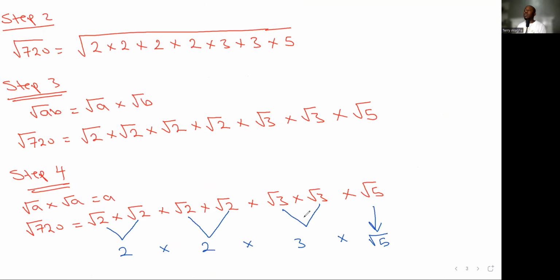So step 5, we have, if you go back, 2 times 2 times 3 times root 5. So square root of 720 is equal to 2 times 2 times 3 times square root of 5.